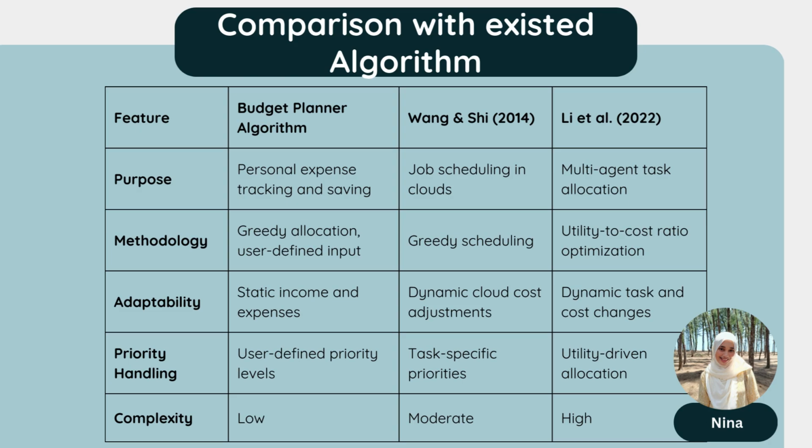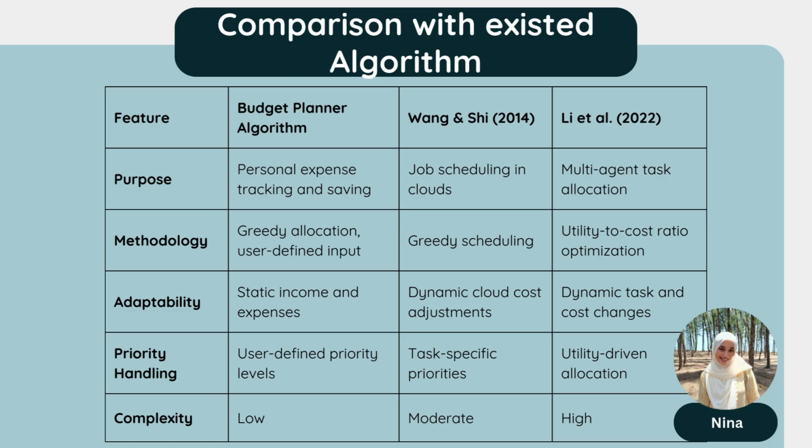For purpose, ours is personal expenses tracking and saving, for Wang they do job scheduling in clouds, and for Lee they do multi-agent task allocation. For methodology, our algorithm does greedy allocation and user defined input, while Wang does greedy scheduling and Lee does utility to cost ratio optimization.